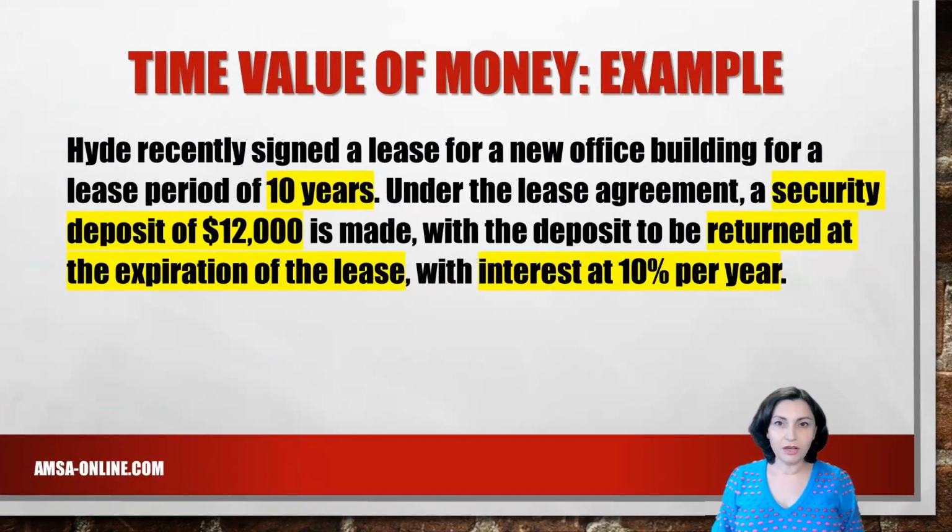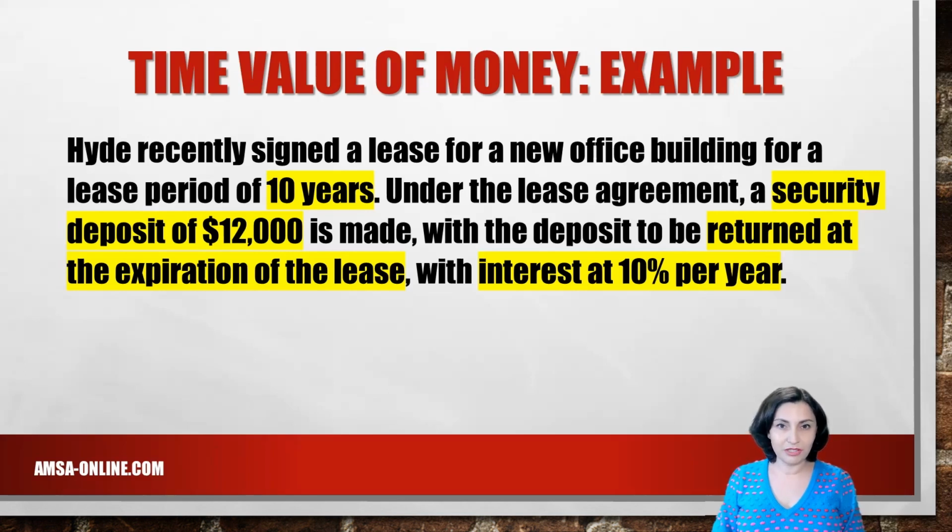Let's look at the example from the video Time Value of Money, Future Value of a Single Sum. If you haven't had a chance to watch the video, I'm posting the link here and in the description to this video. Hyde Company recently signed a lease for a new office building for a lease period of 10 years.